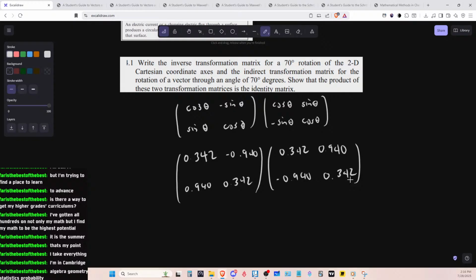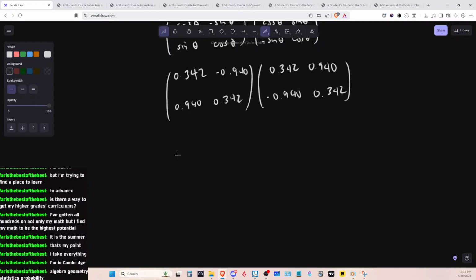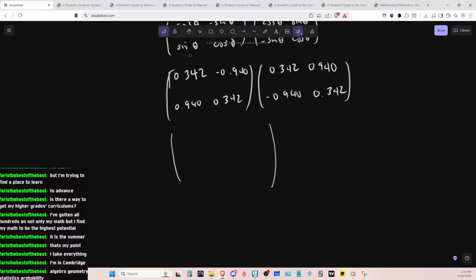Now we have to prove that they are the identity matrix. So technically they should be.